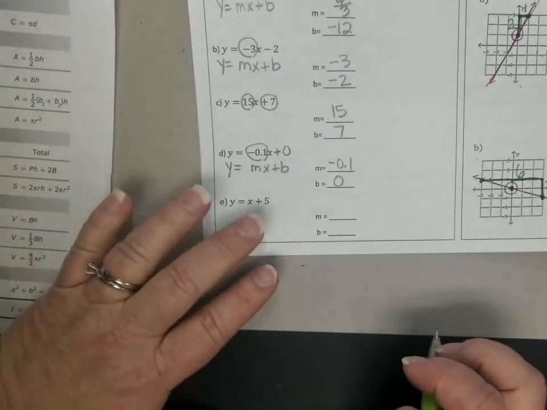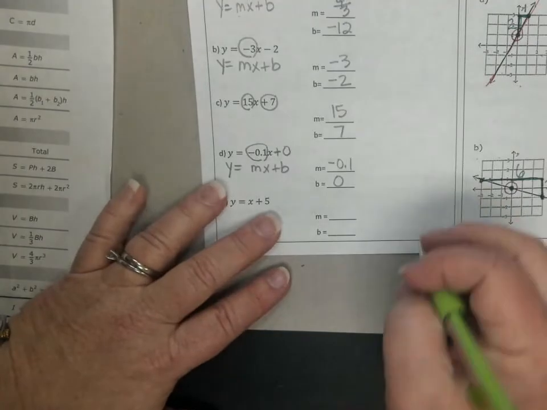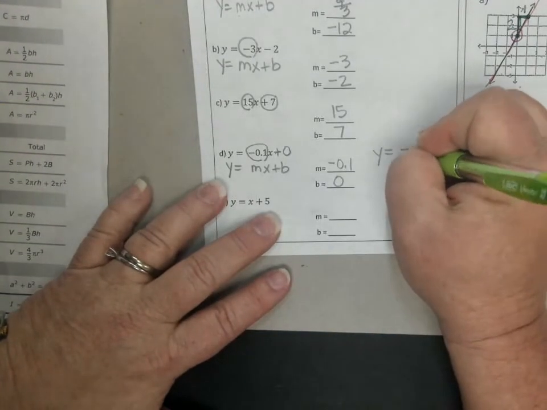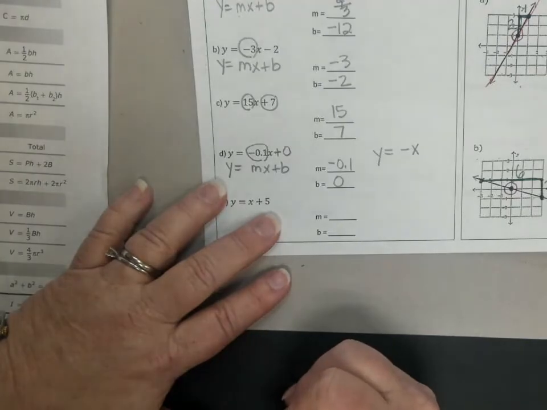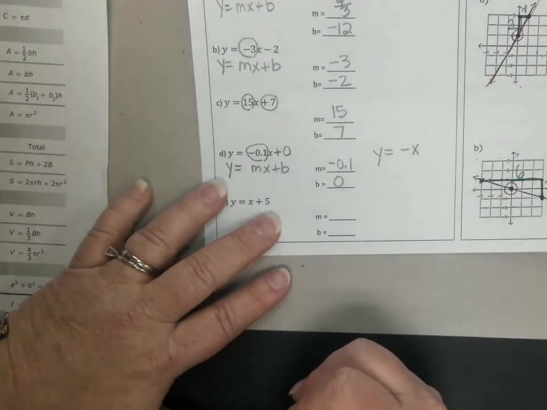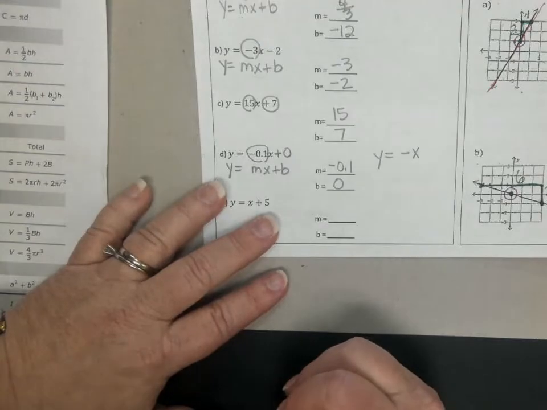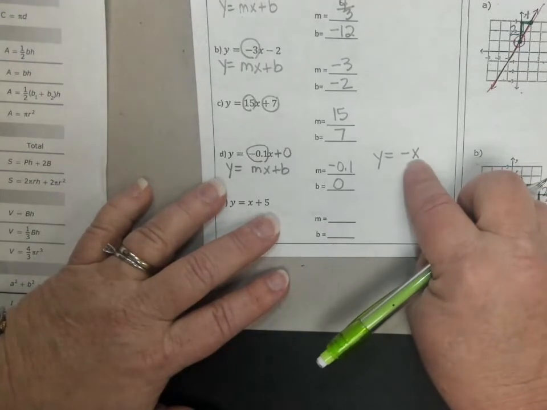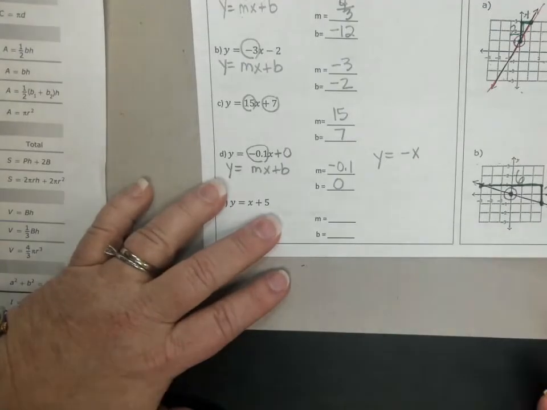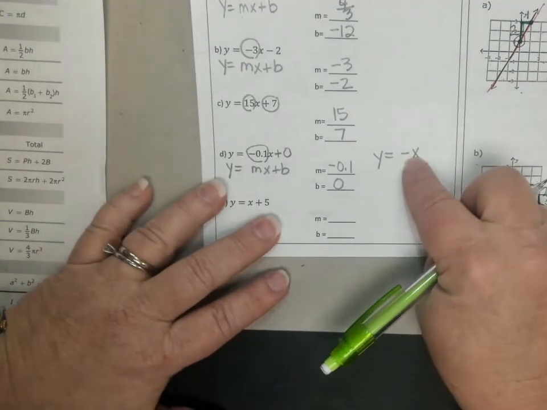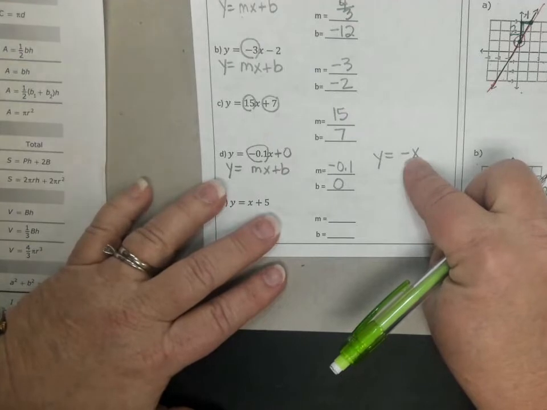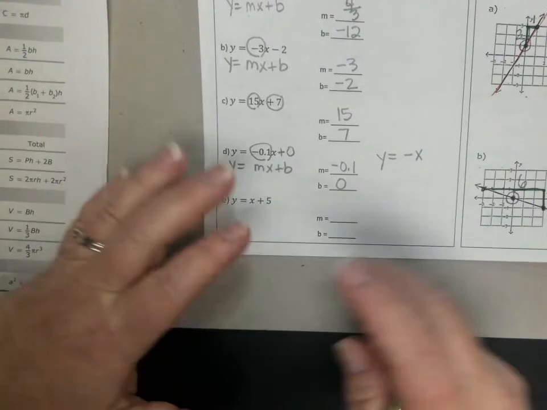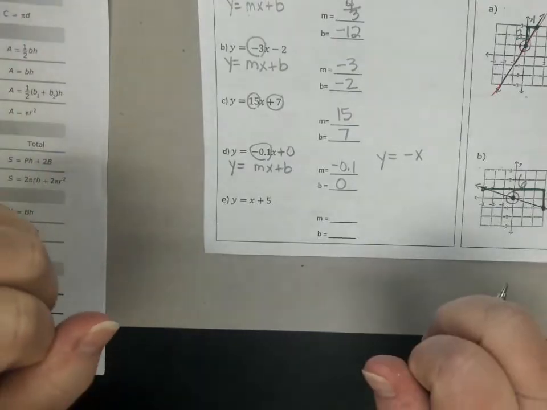All right, let's look at this. What happens if I write y equals -x? Now, next year a lot, but in this year you even need to understand this concept. Whether it's y equals -x or y equals x, when there is no number next to the variable, it is just understood that it is the invisible one, okay?